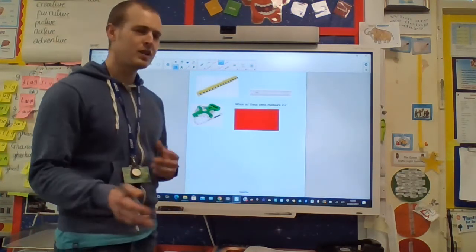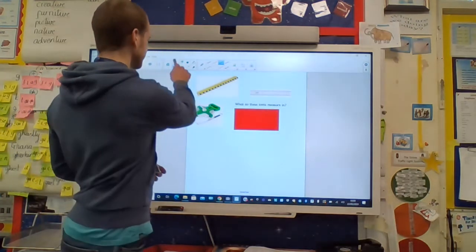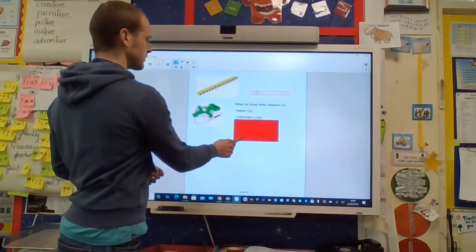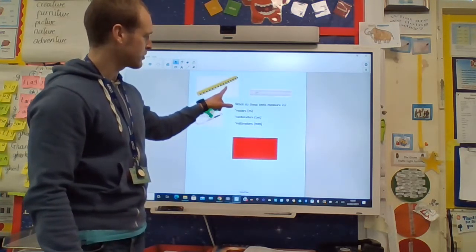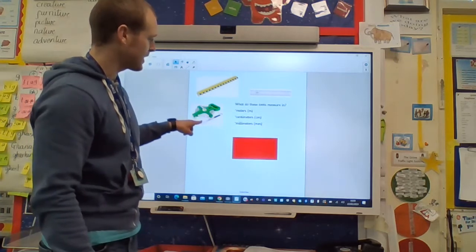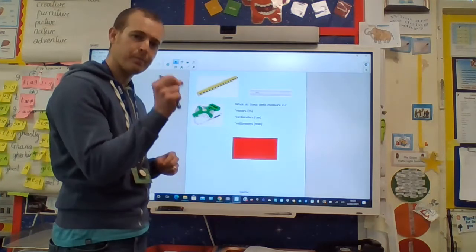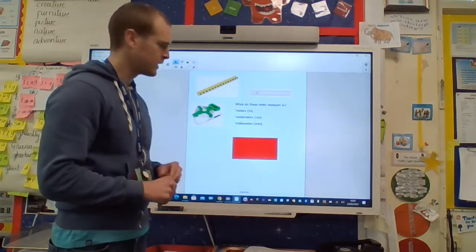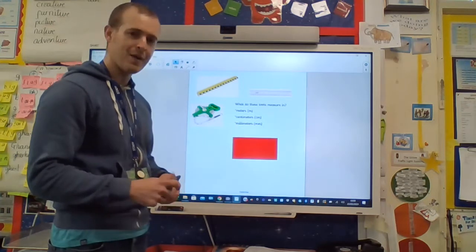These tools measure in different units, so let's have a look at what they measure in. Metres. That's what a meter stick would measure in, and what a tape measure would measure in. We write that with an m, it's like shorthand. Centimetres, we'd write cm, and millimetres, we'd write mm.